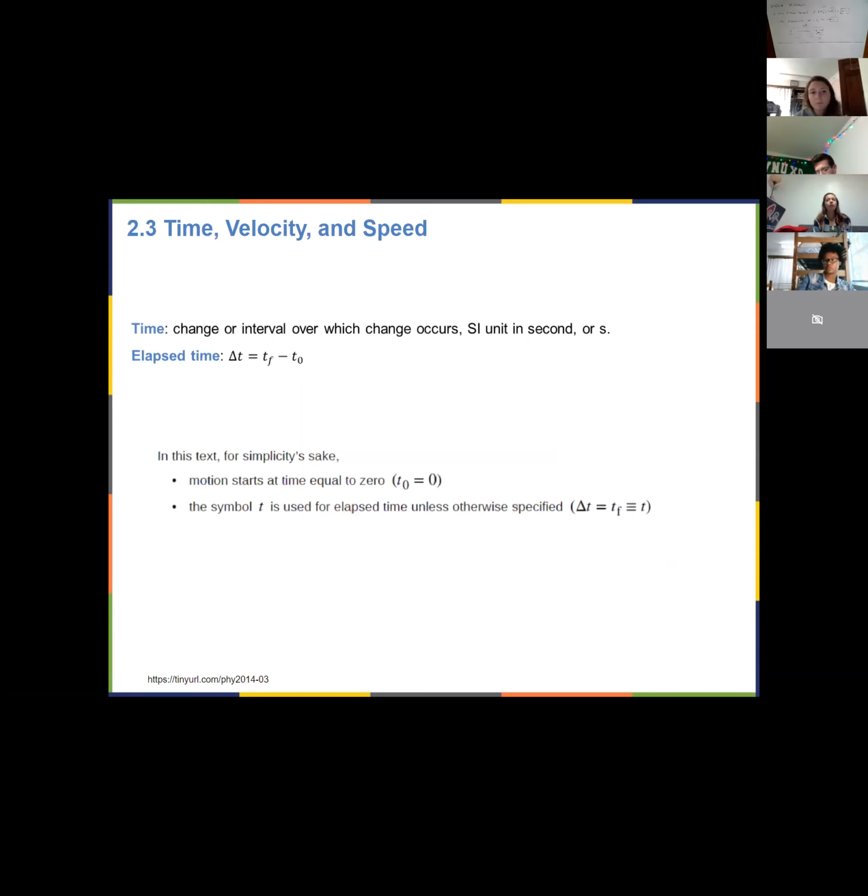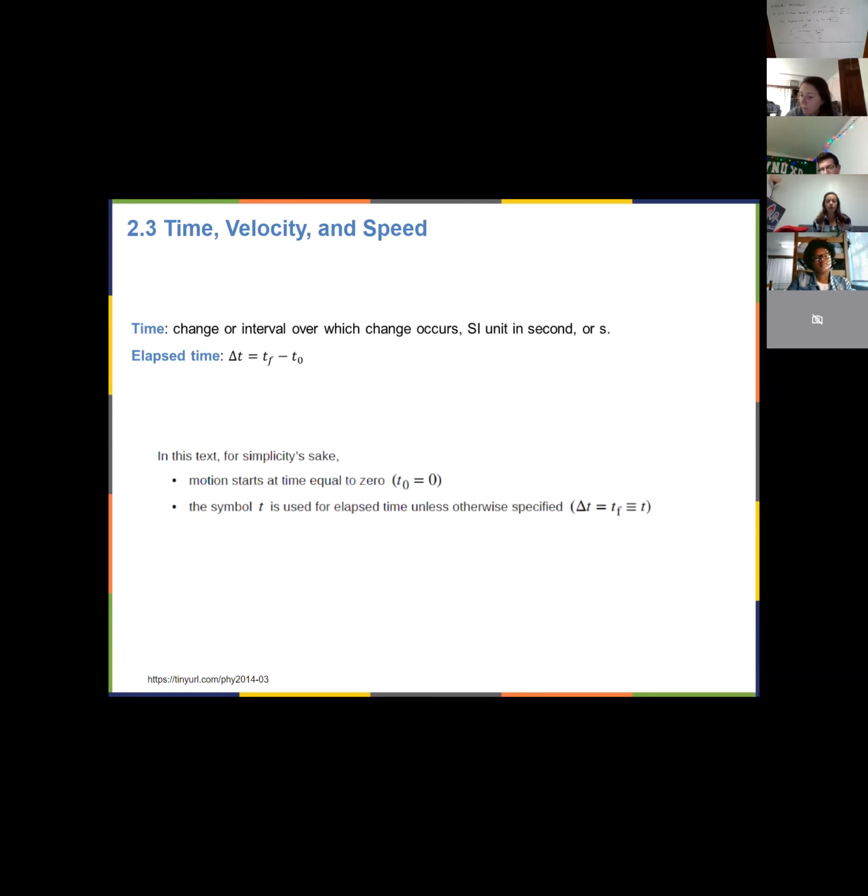All right, so that's vectors and coordinates. Now let's keep moving in this chapter. The next section talks about time, velocity, and speed. A lot of times when we are describing the motion of an object, we are referring to multiple time instants, so time plays a role here.